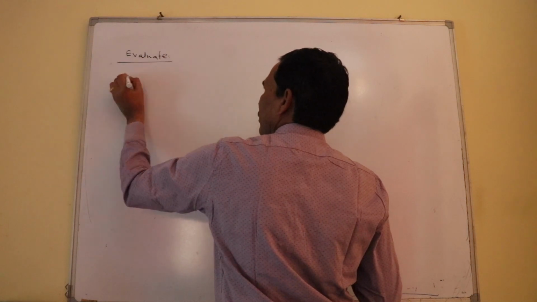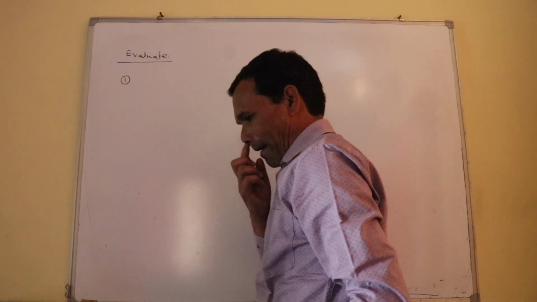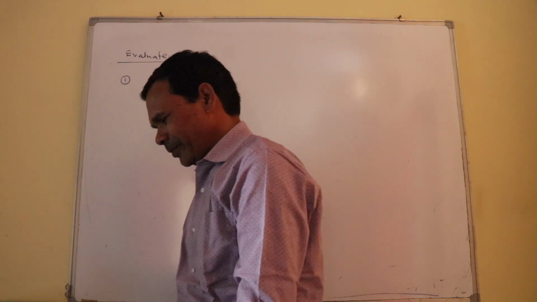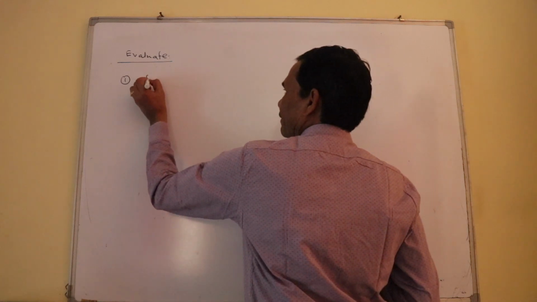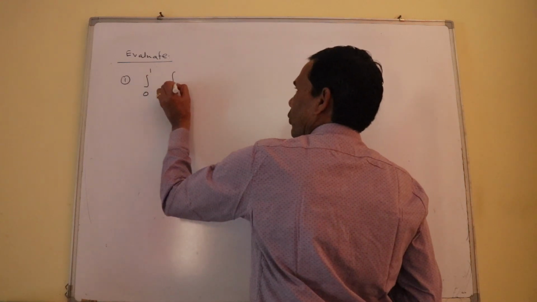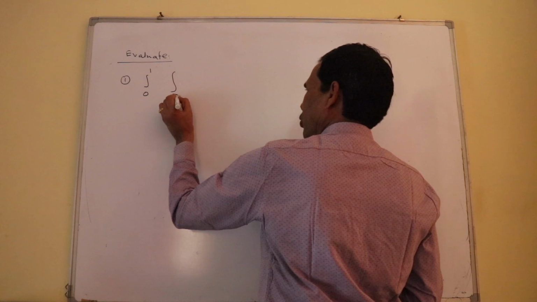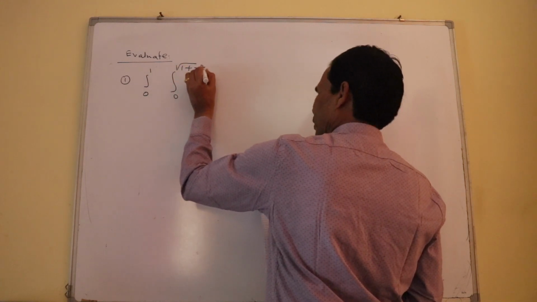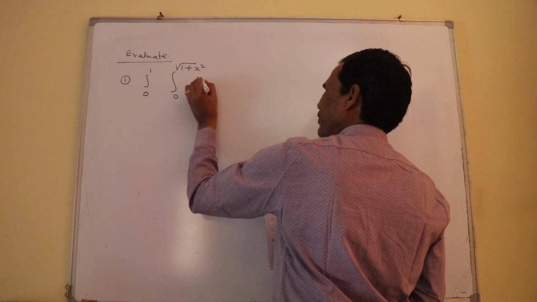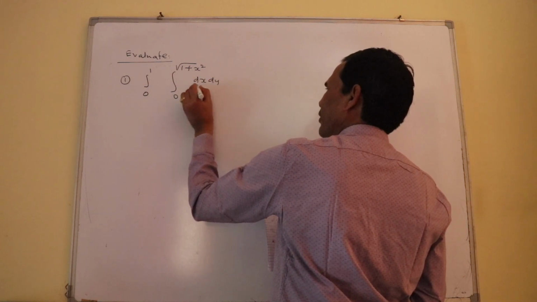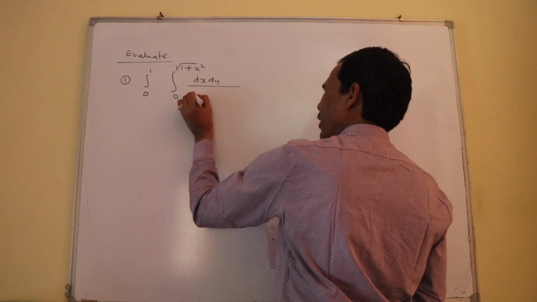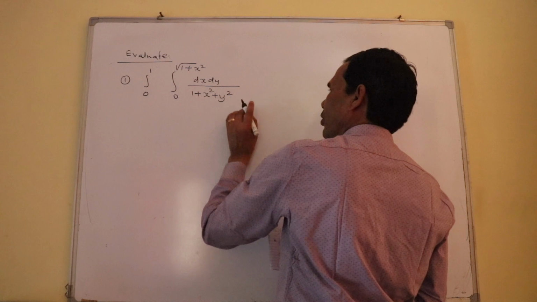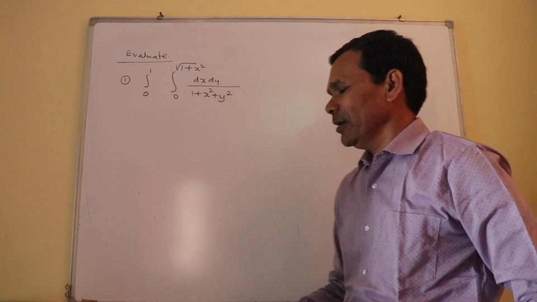Evaluate the first one: the integral from 0 to 1, 0 to 1, 0 to root of 1 plus x square, dx dy divided by 1 plus x square plus y square. We have to find the value of this integral.